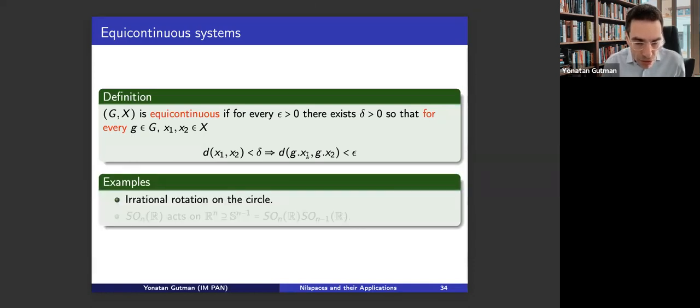Clearly, irrational rotation on the circle is equicontinuous. You can also give non-abelian examples here. So SO(n,R) acts on S^(n-1), which can be achieved as the quotient of SO(n,R) with SO(n-1).